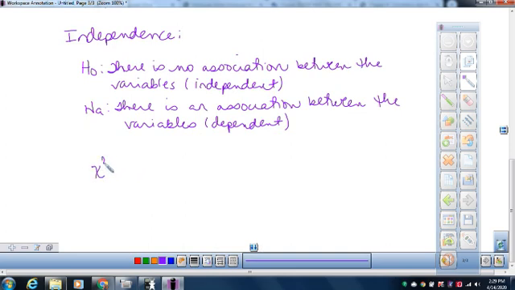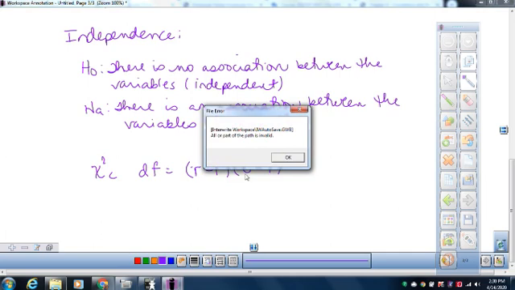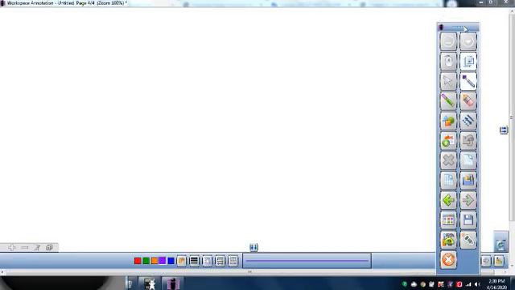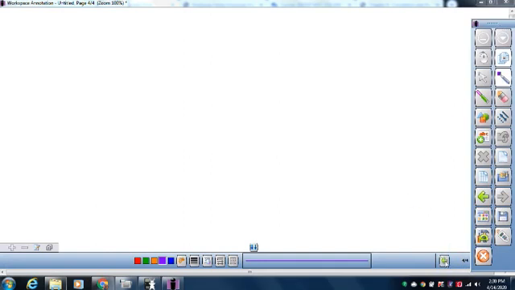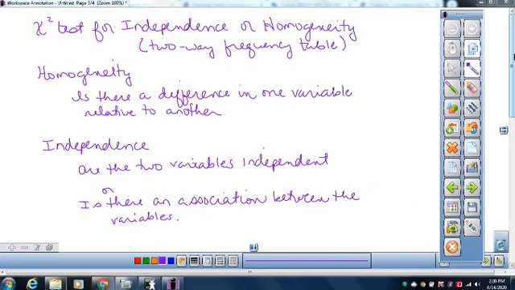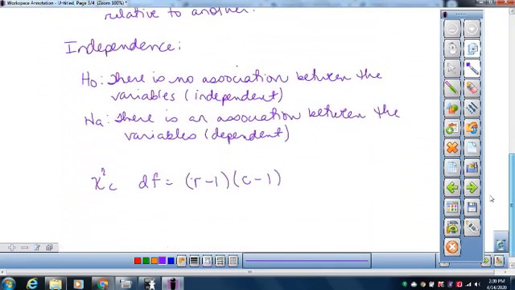For the chi-squared critical value, degrees of freedom equals the number of rows minus 1 times the number of columns minus 1. And that'll be the degrees of freedom you look up in the chart with a given significance level.